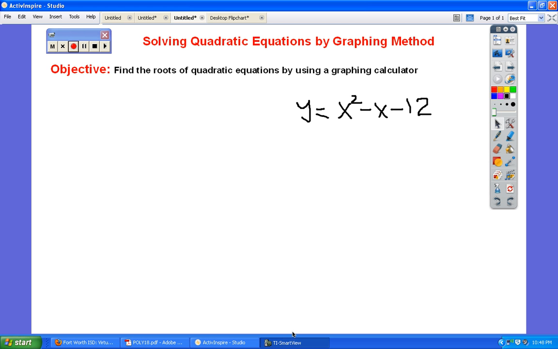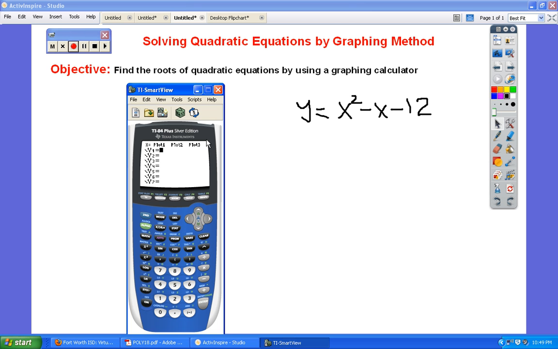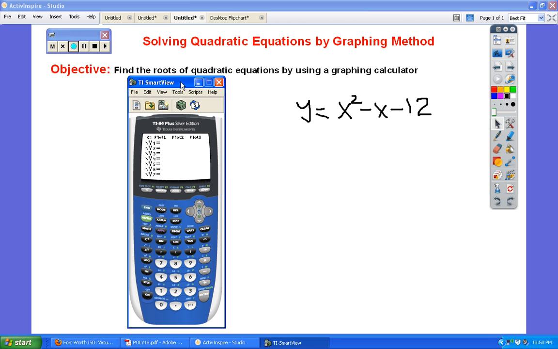I want to use the graphing calculator to solve this type of equation. So I go to y equals, which is right here. From there, I enter my function x to the second power minus x minus 12.